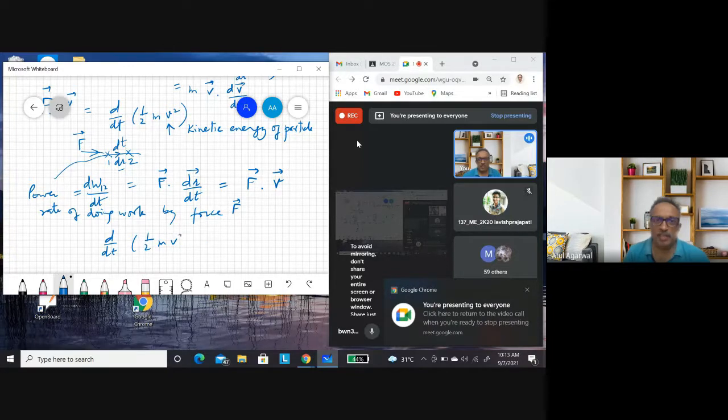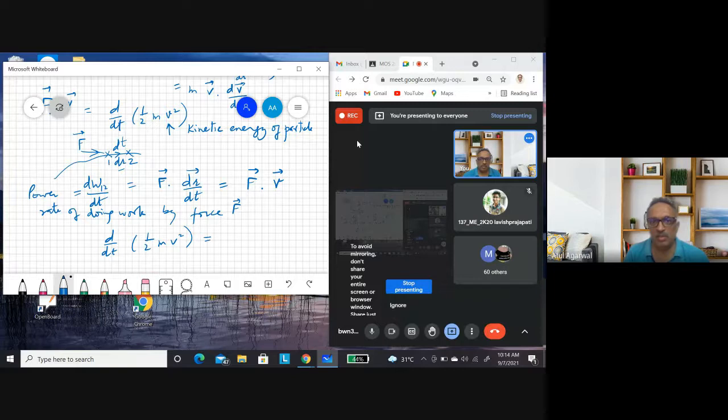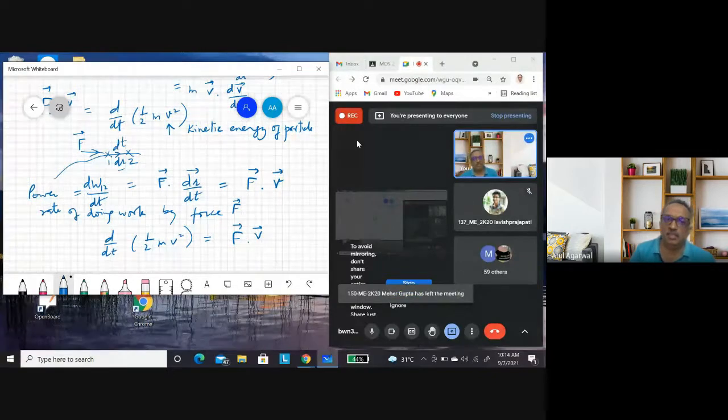So whatever power is supplied is used to change the kinetic energy of the particle.